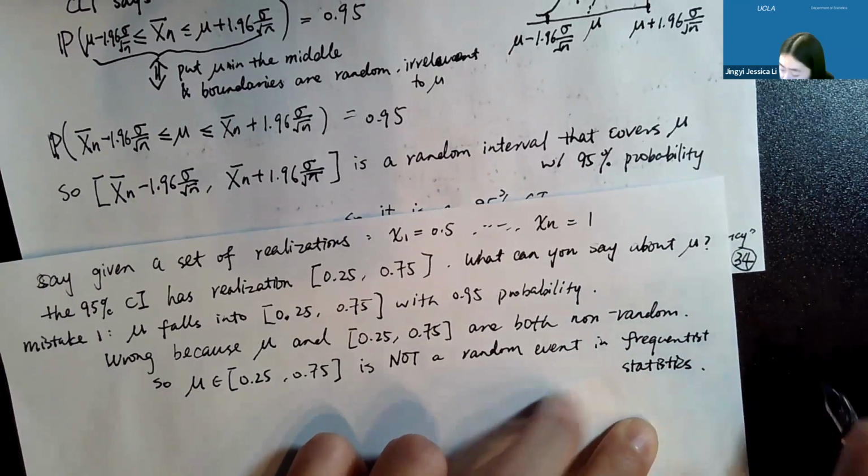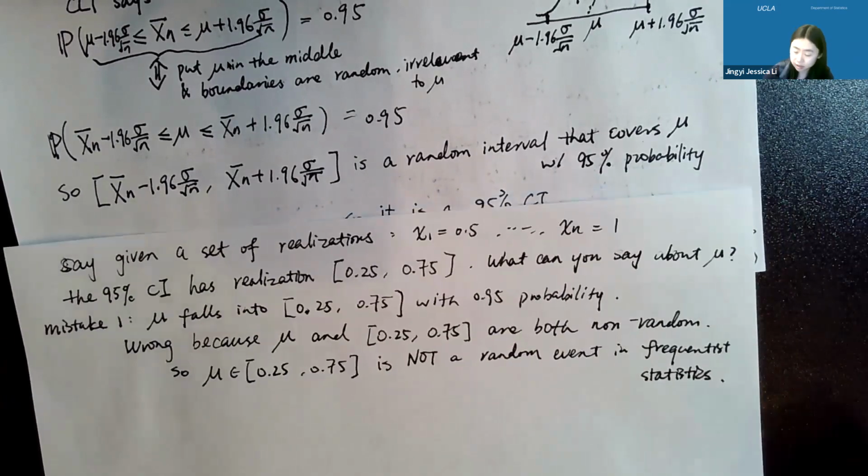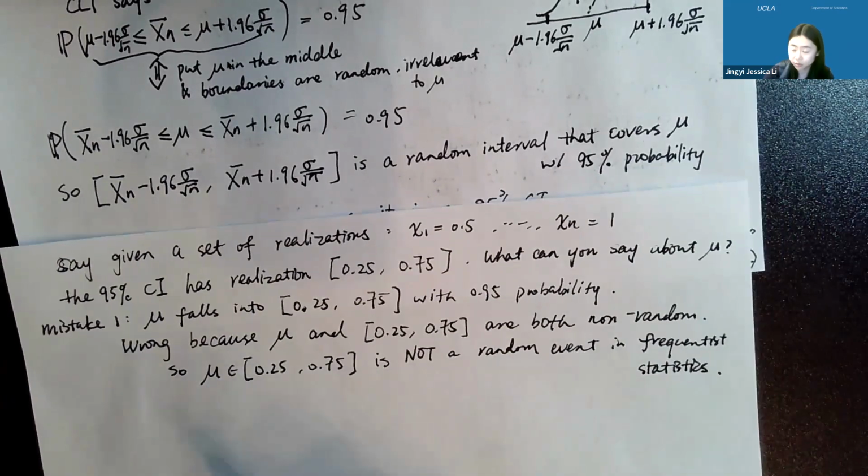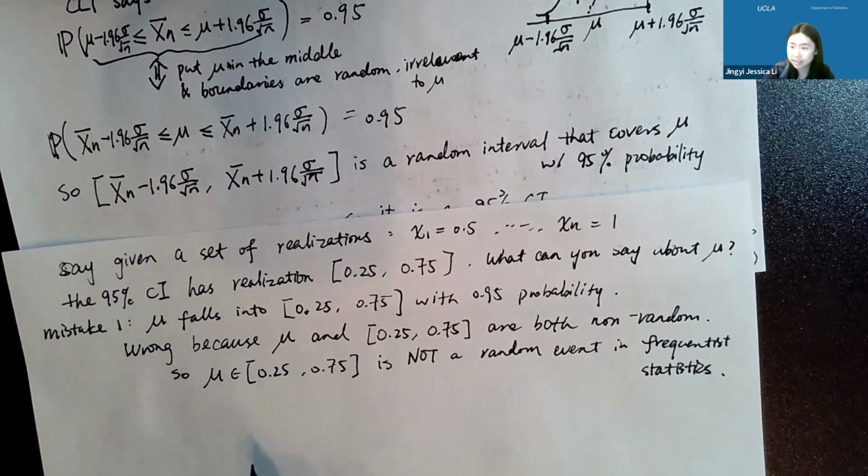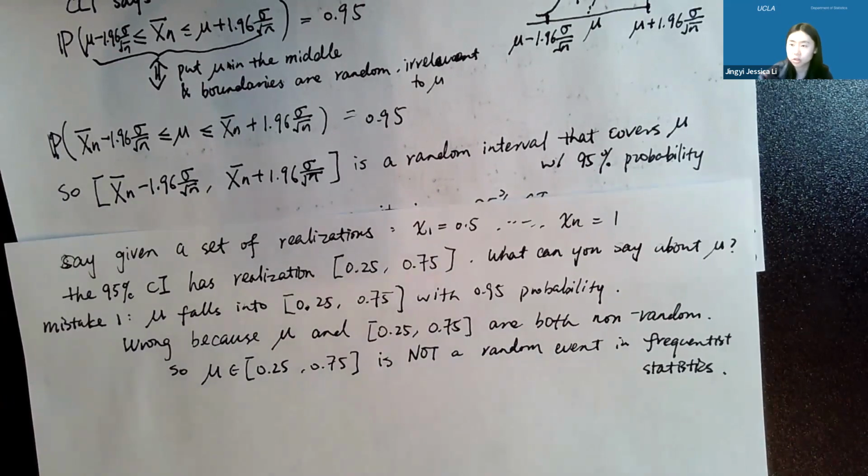Later, when you learn about Bayesian statistics, you will consider mu as a random variable, and that's a different story. In Bayesian statistics, people don't use the concept of a confidence interval, they use a credible interval, in contrast. But we will not touch that in this class, just for your further information. So that's mistake one, and this is the most common mistake.